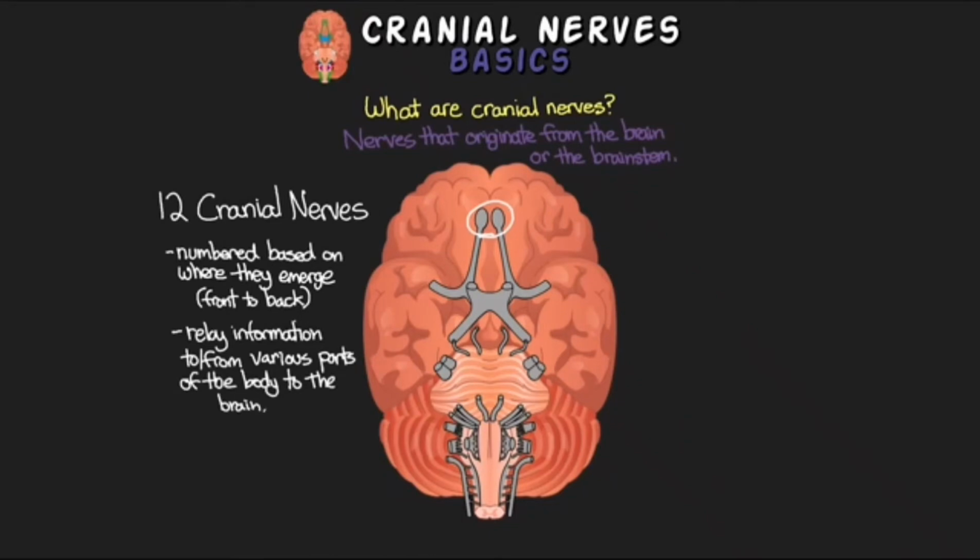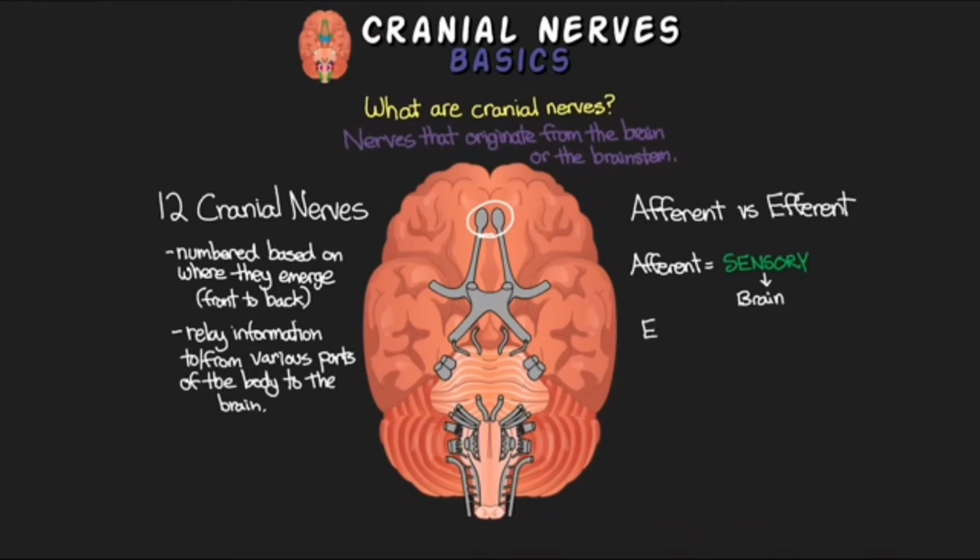Now, in order for this relay of information to take place, we have two different types of neurons that we're going to see with these cranial nerves, and these are neurons that we call afferent and efferent. The afferent neurons are sensory neurons that carry signals from various sensory stimuli back towards the brain.